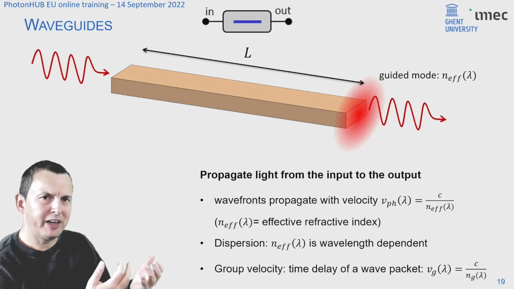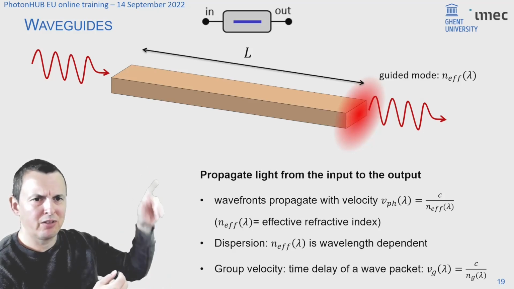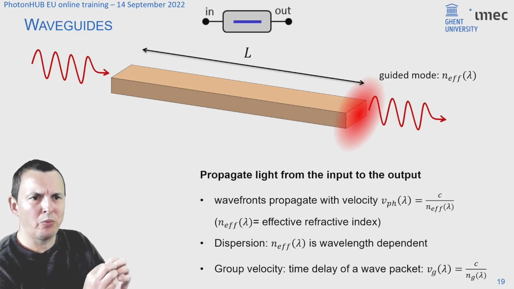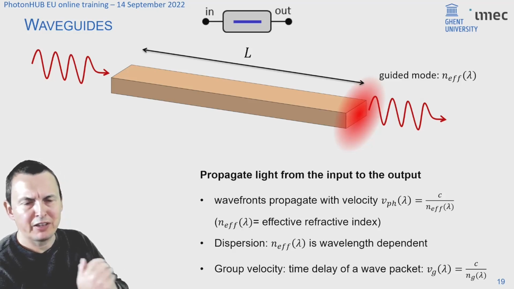And to complicate matters, there's actually two velocities in a waveguide that are important. On one hand, there's the phase velocity, which is essentially how the crests of that optical, electromagnetic wave propagate through the waveguide. And that's determined by a quantity called the effective index.